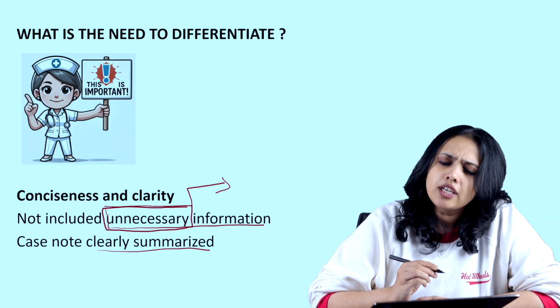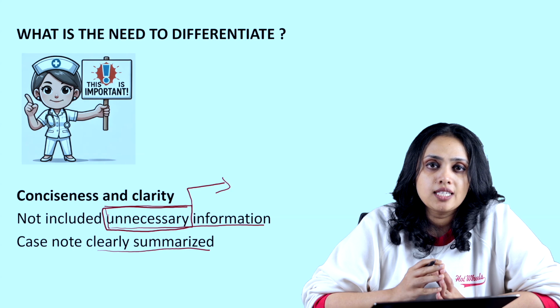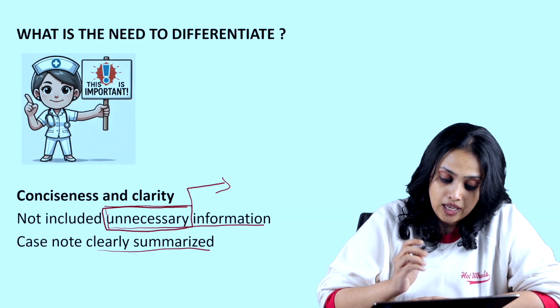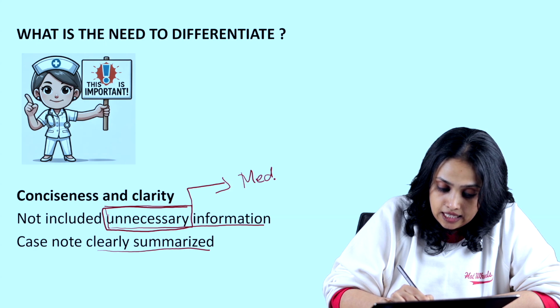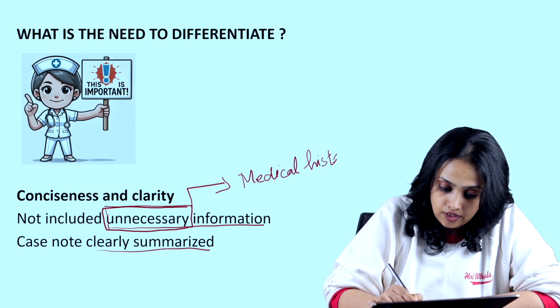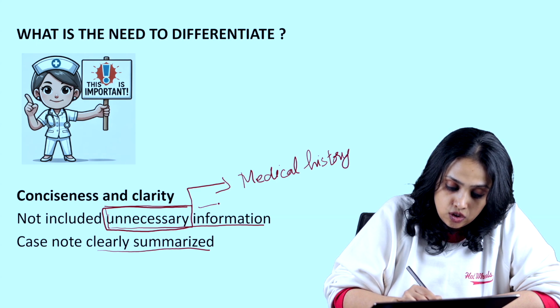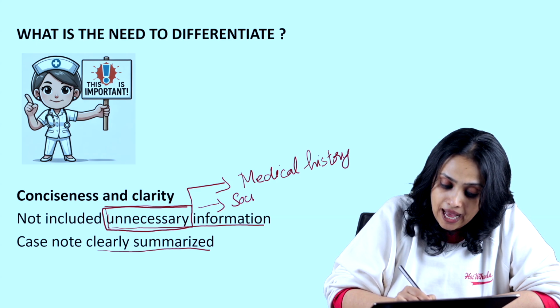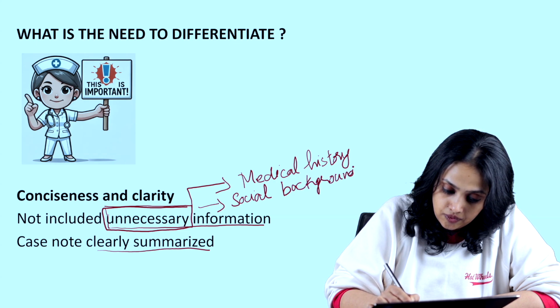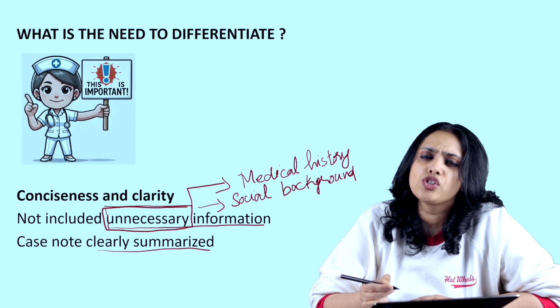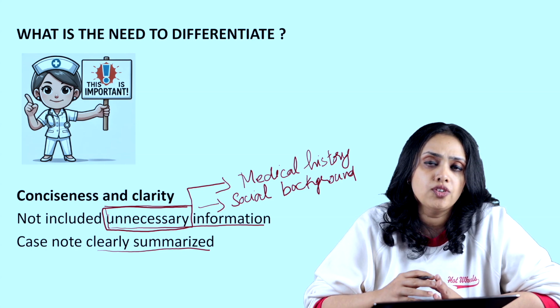Now, talking about this known case and unknown case. If it is a known case, we have to understand that the medical history and the social background will of course be known to the reader.